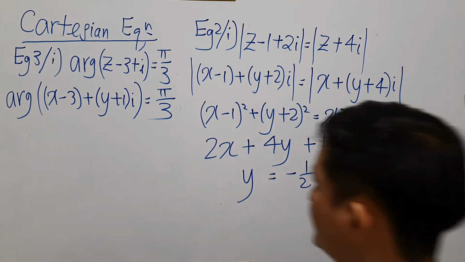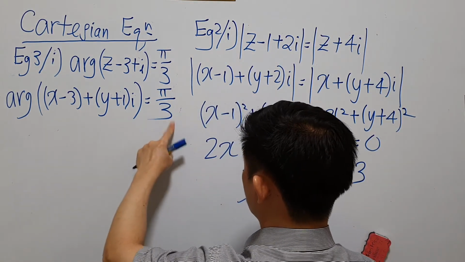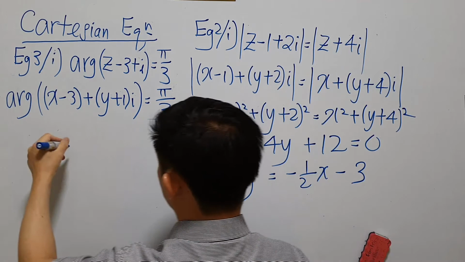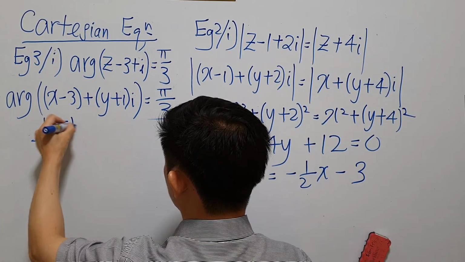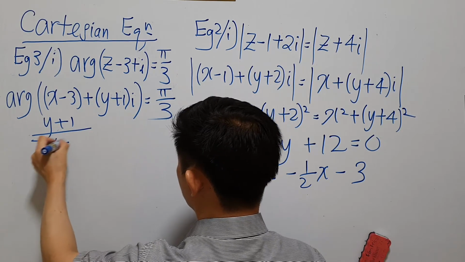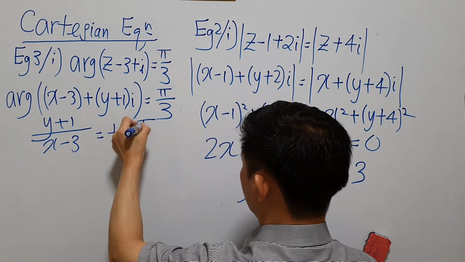And from here, if the argument of a complex number is equals to this angle, then you want to know that if I take the imaginary part divided by the real part, it will be equals to the tangent of the argument.